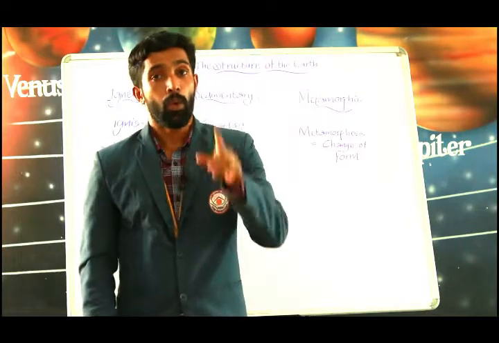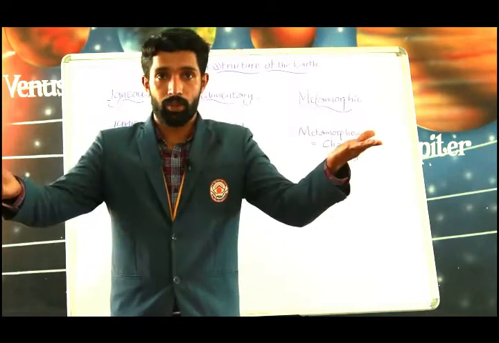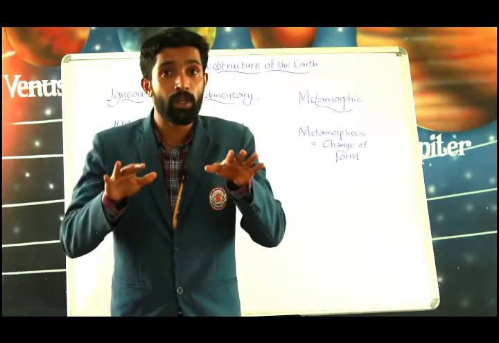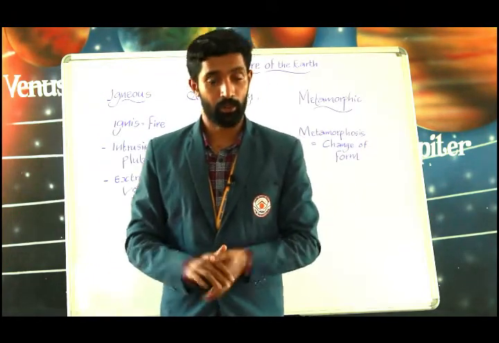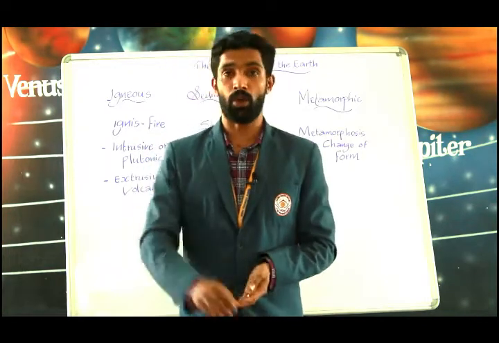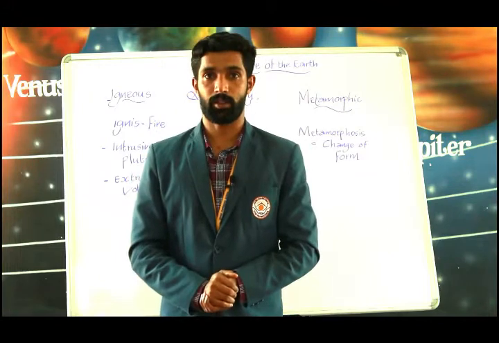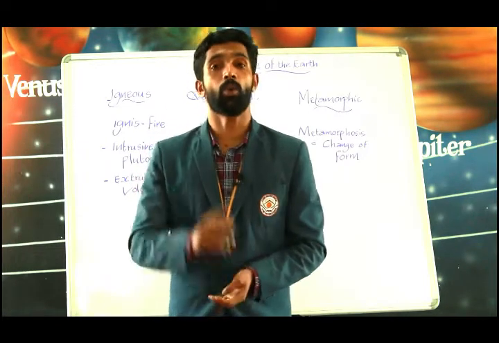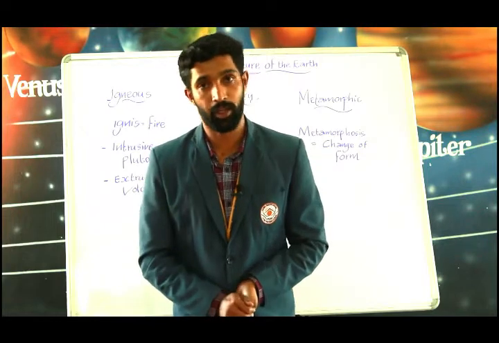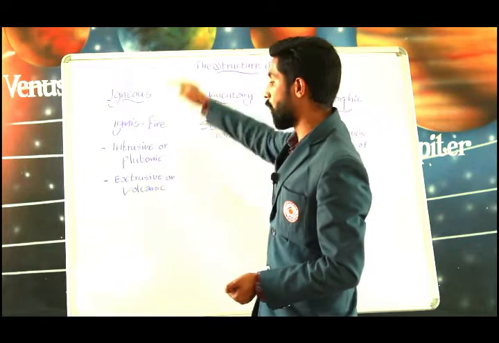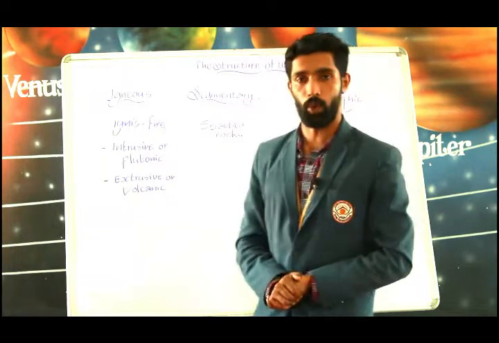When magma comes out to the surface due to volcanic eruption and then cools down rapidly, it results in the formation of small crystals. Such rocks are called extrusive or volcanic rocks. Very, very important. What do you mean by intrusive or plutonic, or extrusive or volcanic?